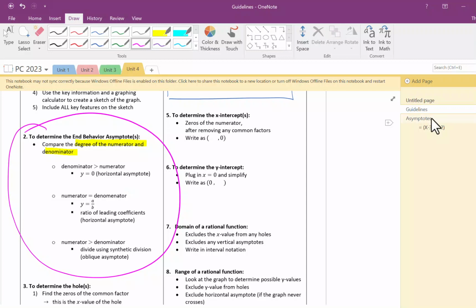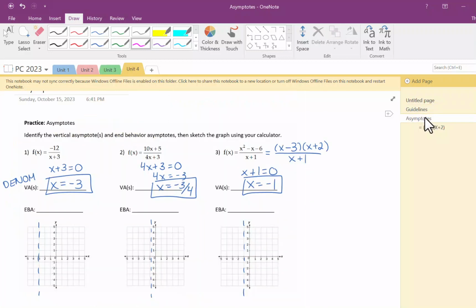Okay, so if we look at number 1, the degree of the numerator is technically 0 because there's no x there. It's technically x to the 0 power. So the degree of our denominator is going to be 1, right? This is x to the first power here. So here our numerator is going to be less than our denominator.